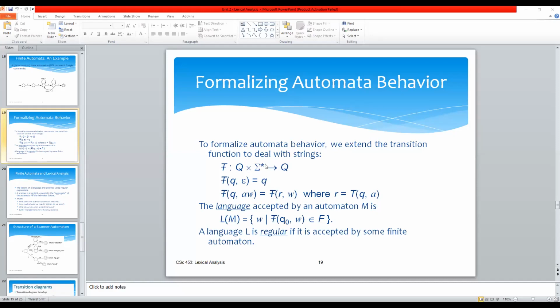Here sigma star indicates the multiple input symbols, starting from state Q0. If I reach the acceptance state, then it is considered as the language accepted. And if we do not reach the acceptance state, then the token is not generated.